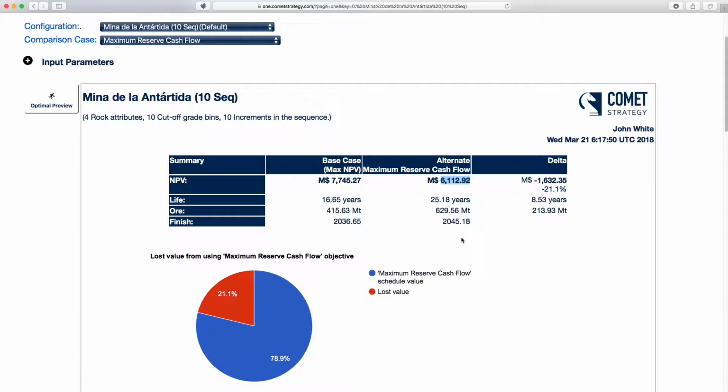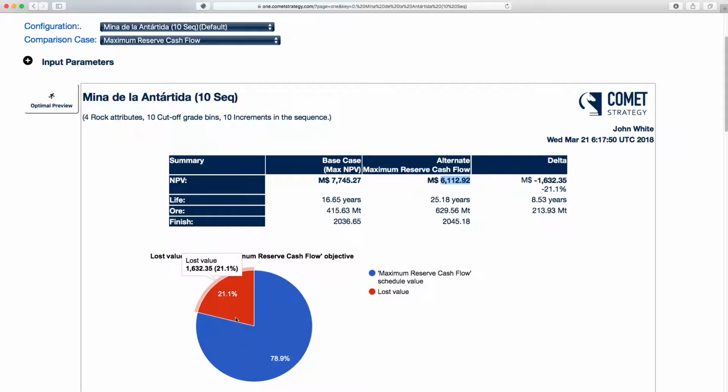that's making money? The next pie chart shows you just how much money we've lost from a discounted value point of view, from a net present value point of view, which is our best proxy for shareholder value. So you can see it's quite a significant amount. In this case, it's 21%. Now, every case will have a different percentage.